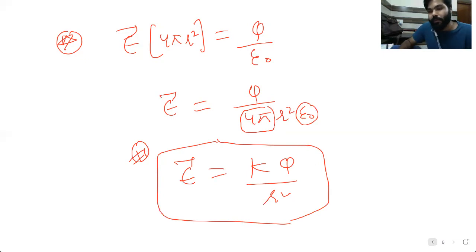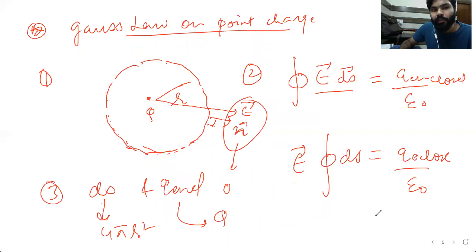So let me repeat once again what I did. I just found the Gaussian surface in the first step. For a point charge, it will always be a sphere. In the second step, I wrote simply the mathematical expression for Gauss law, and in the third step I found ds and Q enclosed.